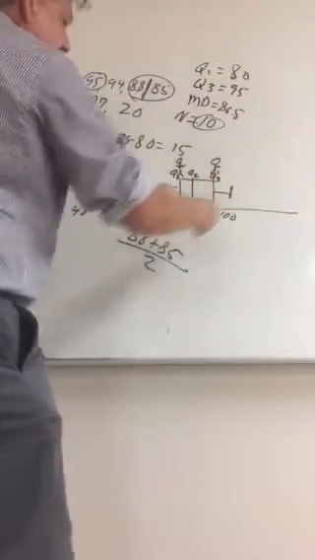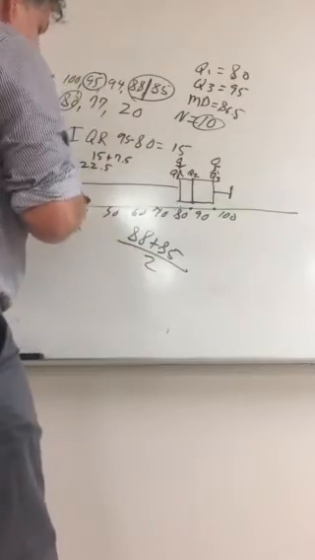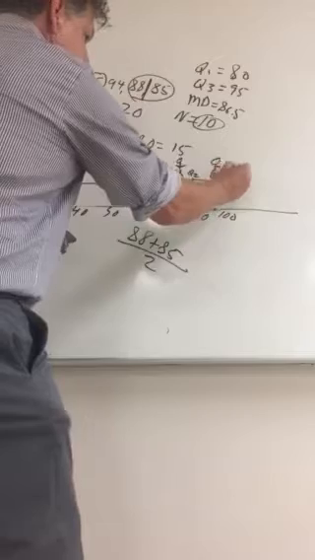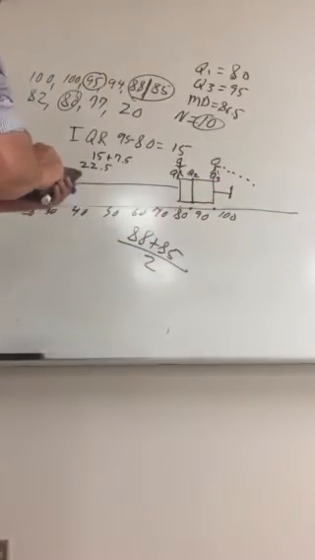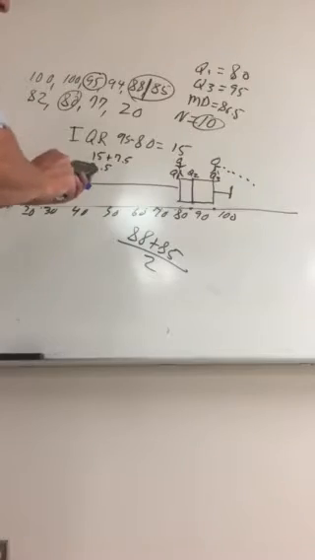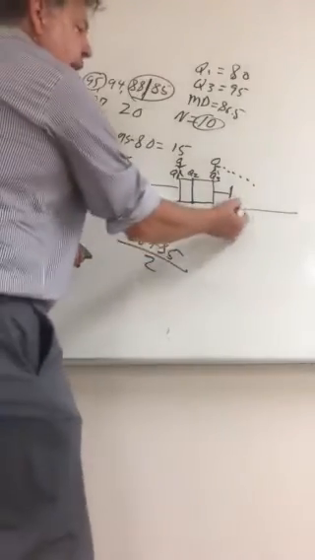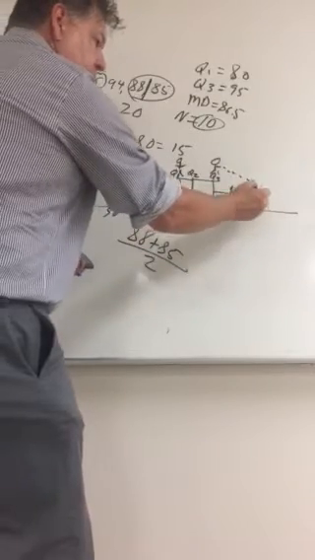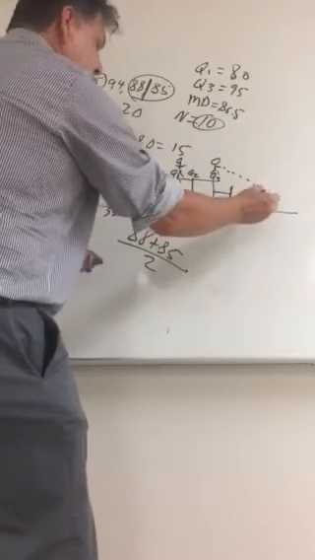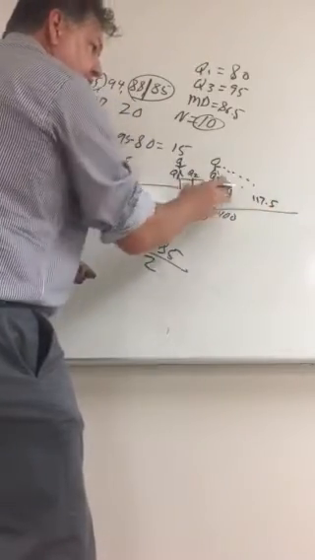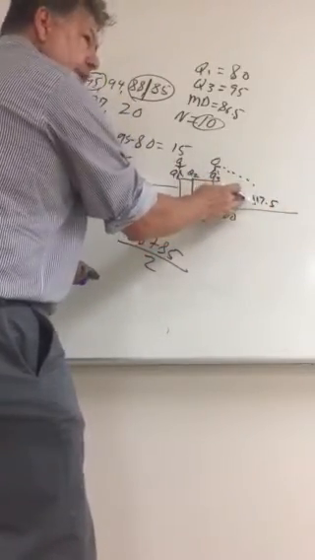I'm going to stand here and cast my net out. So I've got 95 plus 22.5, and that's going to equal 117.5. I don't have any data beyond 100. So now I know that 117.5 is going to capture all the data. There are no outliers to the right.